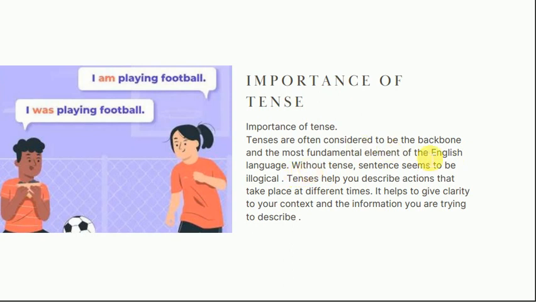Without tense, or without the correct tense, the sentence seems illogical. It means if we don't use the correct time level in the sentence, there will be misunderstanding or it will be illogical. Tense helps you describe actions that take place at different times.